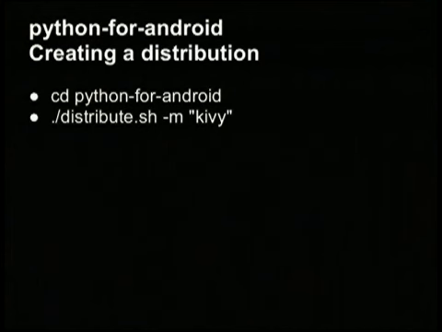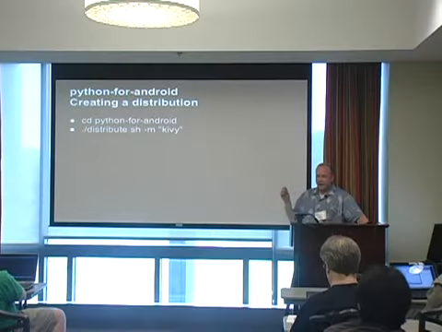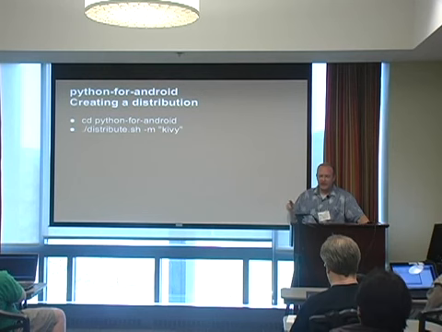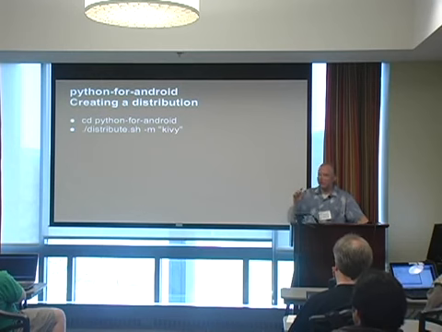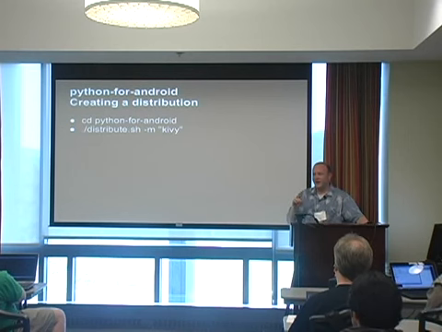The first thing you do with Python for Android is create a distribution. This is the core of your APK. Your APK will contain your code, the compiled Kivy code, and a Python interpreter. It actually compiles Python using the NDK, compiles that all down, and it all gets included with your APK.